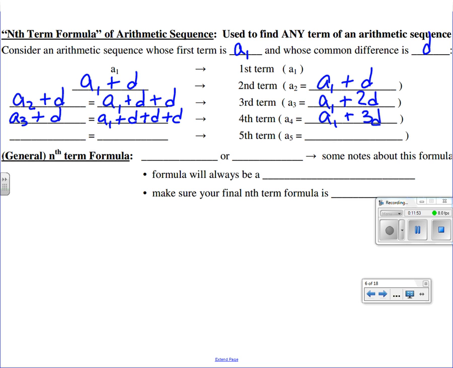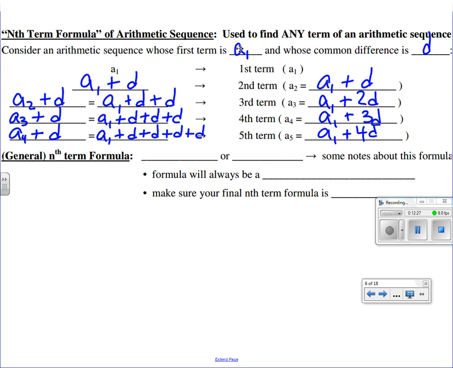I'll tell you when you got to start understanding again. What's a way to get the fifth term? A4 plus D, good. What's another way to get it? Start with the first one and add D, D, D, and D. All right, and then how do I write it shorter? Good.